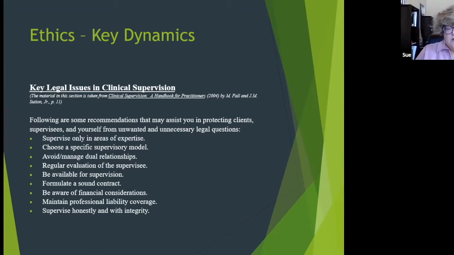Supervise only in your areas of expertise. So for example, if you have certain theories that you ascribe to, and you have a supervisee who wants you to supervise them in a theory that you're not familiar with, or working with a population that you're not familiar with, be very clear that that's not within your scope of practice. Be clear and transparent about what you can and can't supervise around.